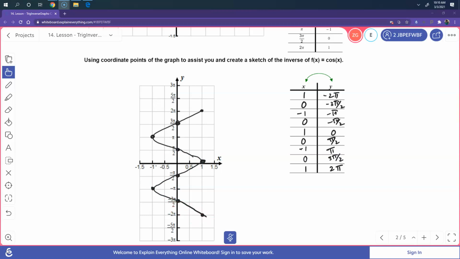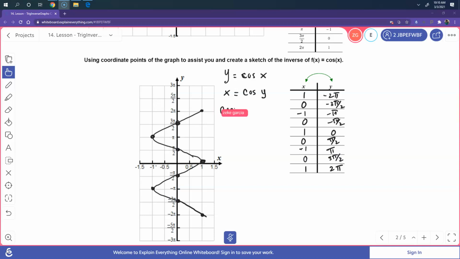So now we have y equals cosine of x, right? And we want to find the inverse. And just like I showed you with sine, we have x equals cosine of y. So we have to do a process that is called the inverse.